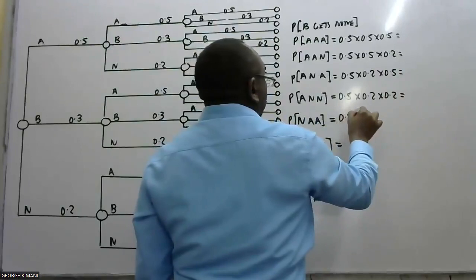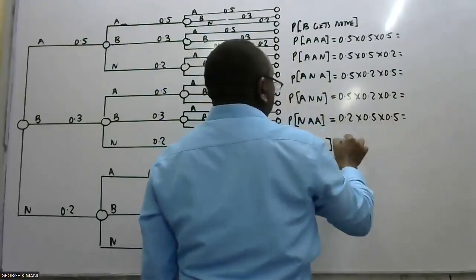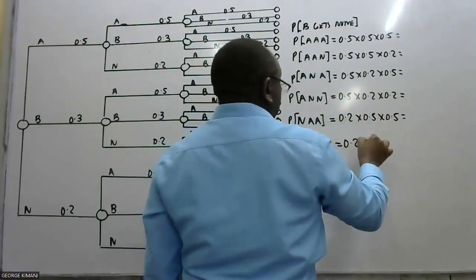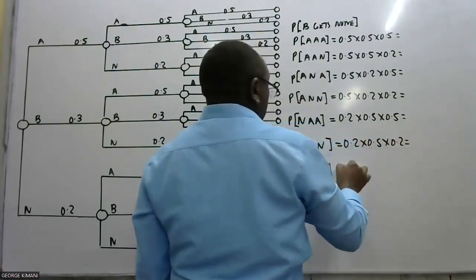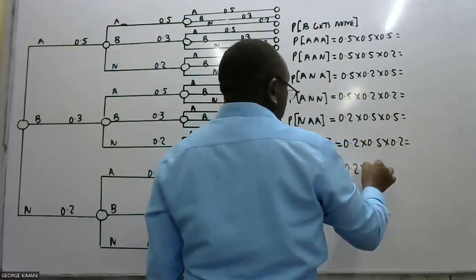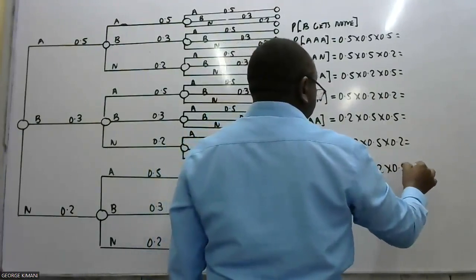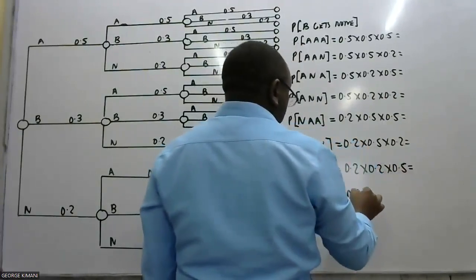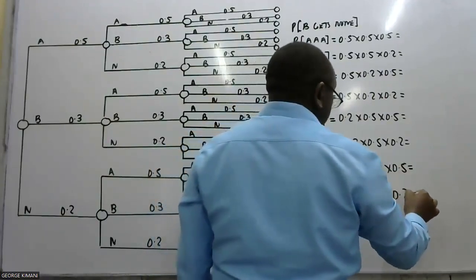This is 0.2 times 0.5 times 0.5. This is 0.2 times 0.5 times 0.2. This is 0.2 times 0.2 times 0.5. This is 0.2 times 0.2 times 0.2.